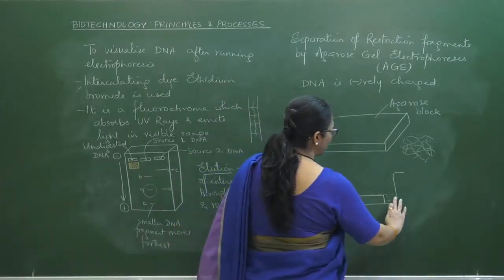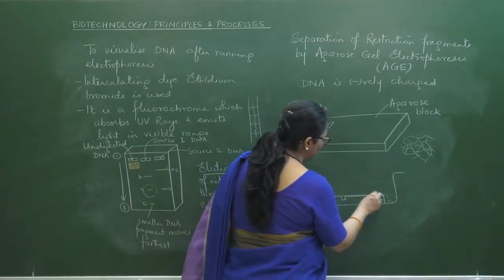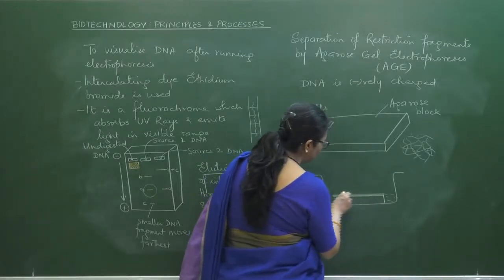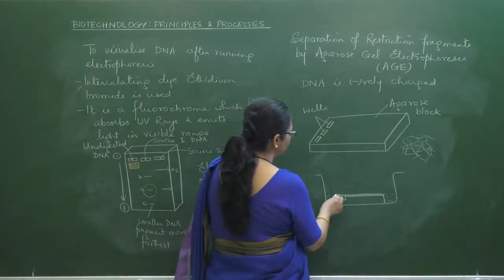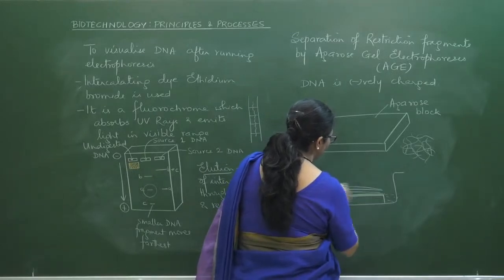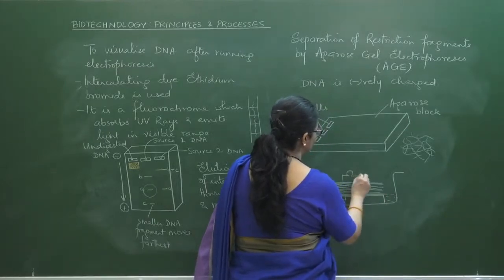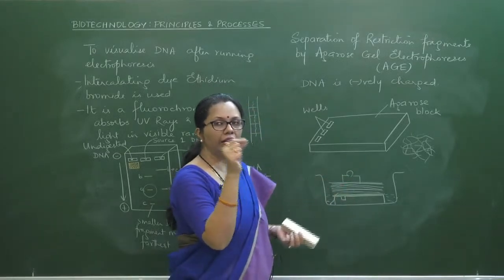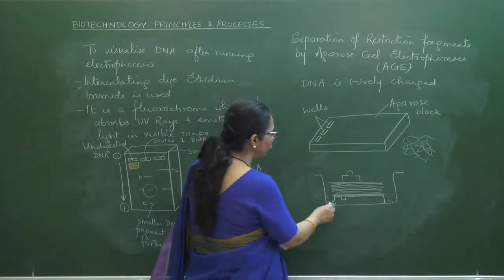Now after treating it with NaOH, we keep it in a buffer solution, and above this we put a nitrocellulose paper. This nitrocellulose paper is put just above the block, and above it there are a number of filter papers we'll put, and a weight can be kept on it, and a small wick, just like the thread that is there in the candle or anything that we burn, because through that the buffer will rise up.